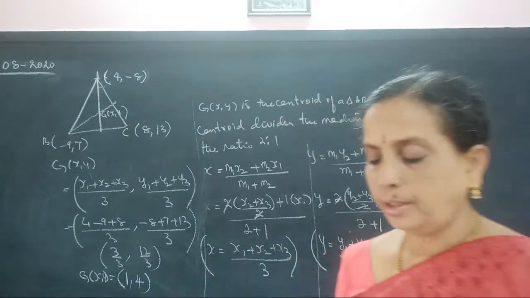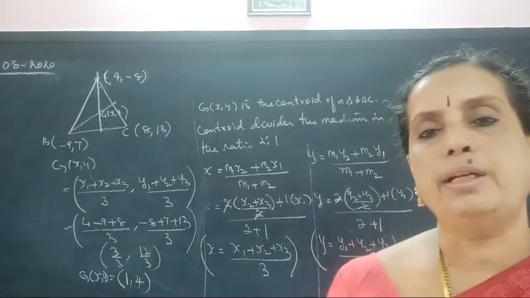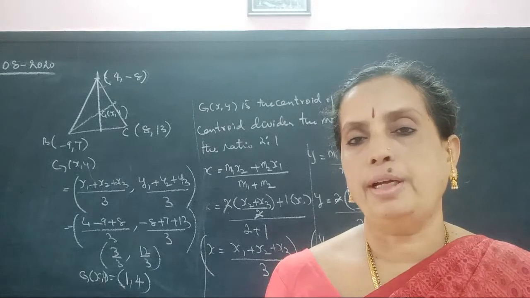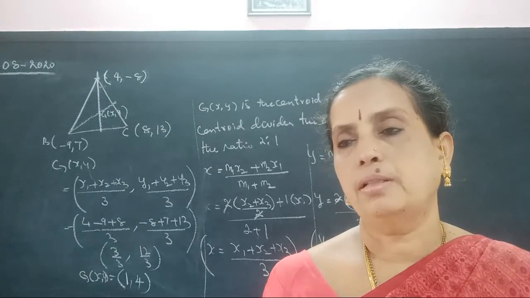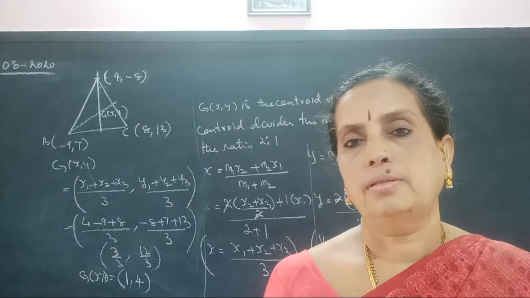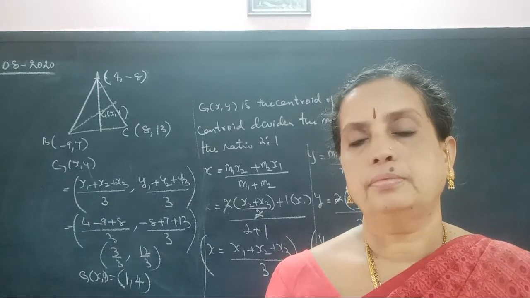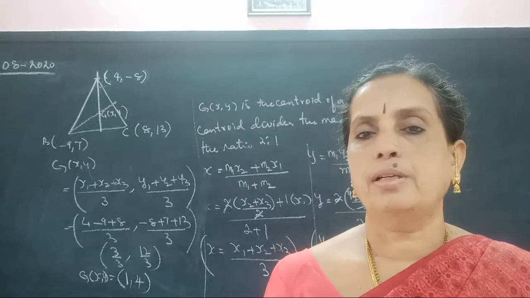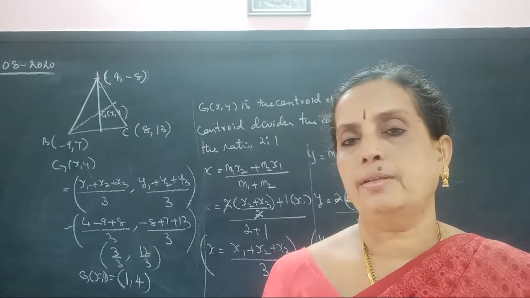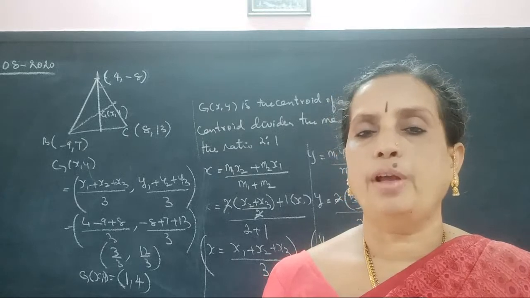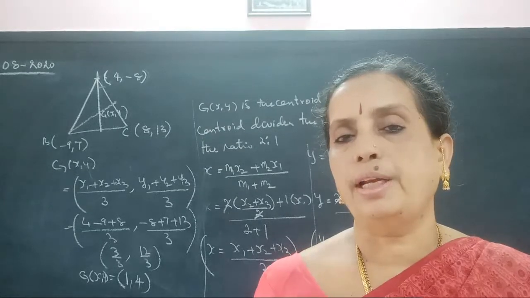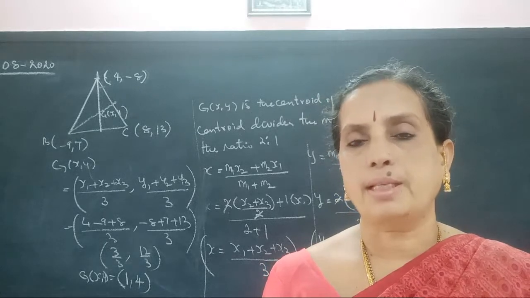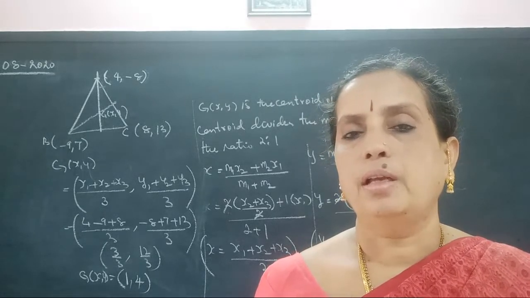The ordinate of a point. What is ordinate? Abscissa, ordinate. I think in 9th standard you have heard these words, abscissa and ordinate. Ordinate is the y-coordinate, not a point on the y-axis. Perpendicular distance from the x-axis is the ordinate.